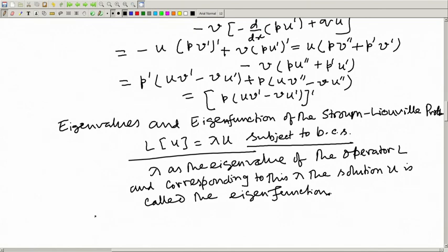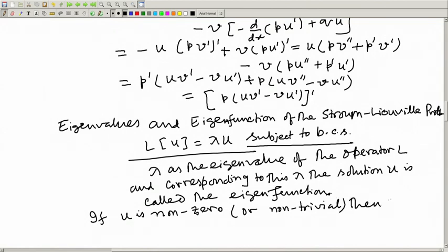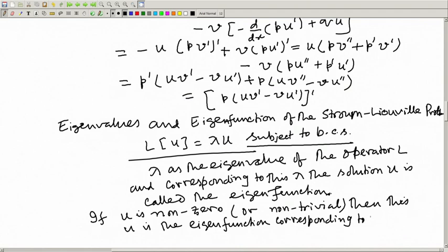If u is non-zero, or non-trivial, then this u is the eigenfunction corresponding to the eigenvalue lambda.